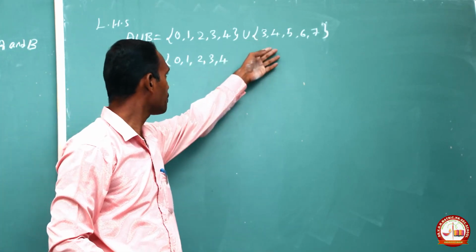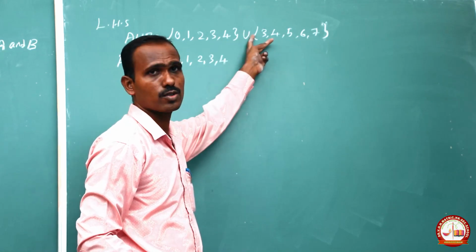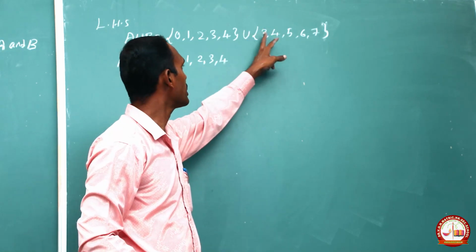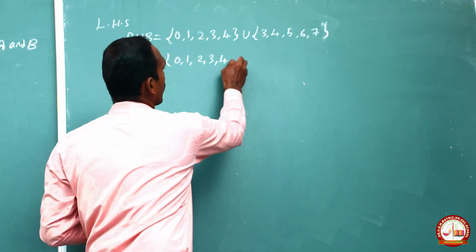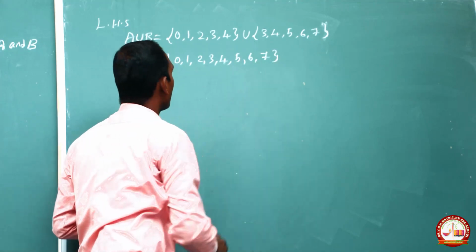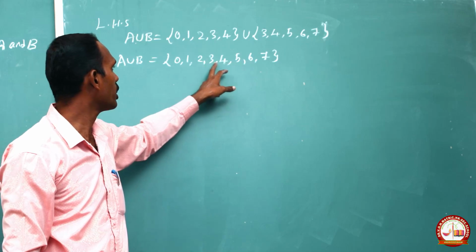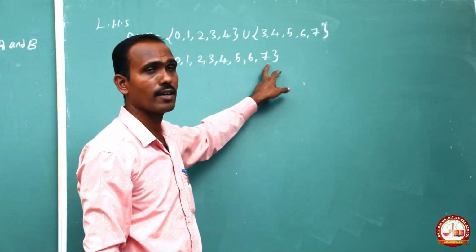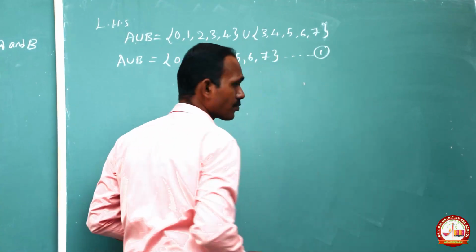And then we go to B. Here 3 and 4 are repeated elements. So don't write the repeated elements here. You leave the 3 and 4. The remaining you have to write: 5, 6, 7. So A union B equals 0, 1, 2, 3, 4, 5, 6, 7. Okay. This we take as the first equation.